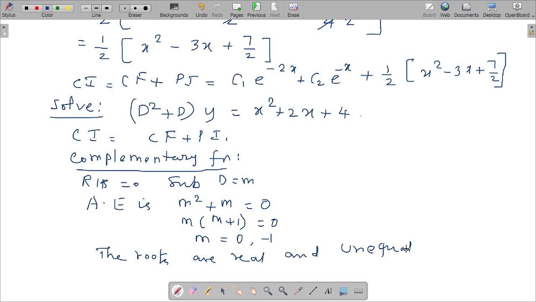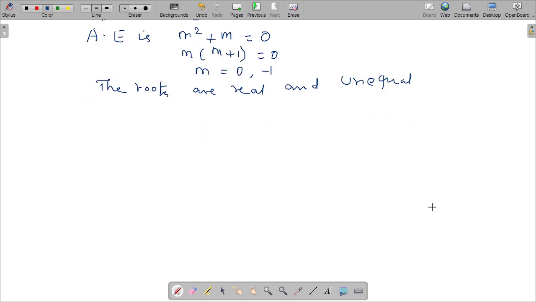Then the complementary function equal to c1 e power 0 into x plus c2 e power minus x. So c1 plus c2 e power minus x is the complementary function.